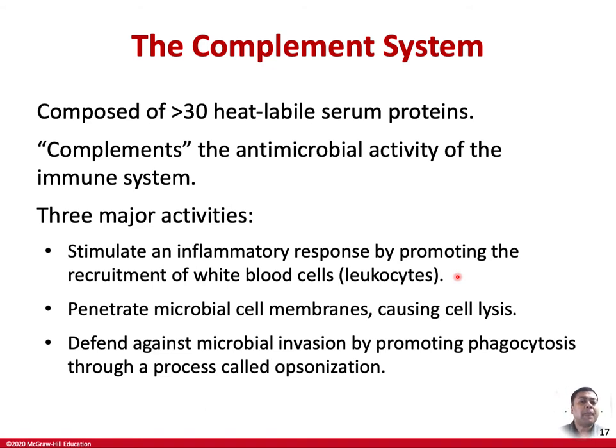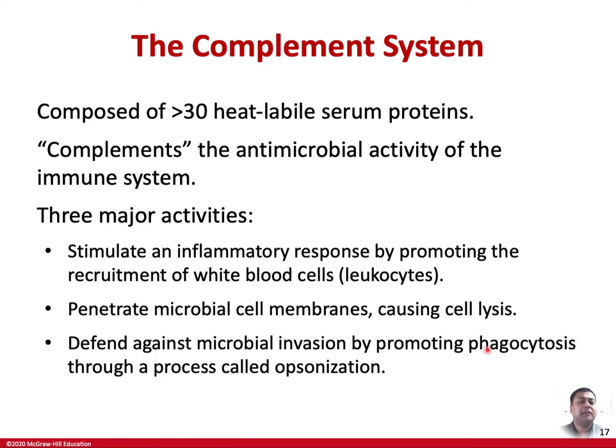They also penetrate the microbial cell membrane, causing cell lysis, and defend against the microbial invasion by promoting phagocytosis. And this promotion of phagocytosis is known as opsonization. So there are some specific phagocytic cells in our body which are known as professional phagocytes.